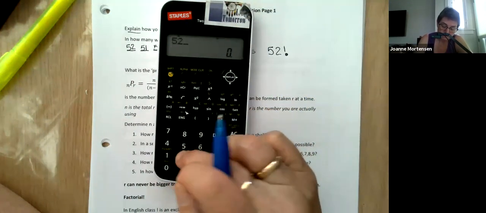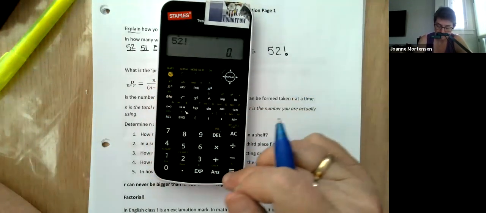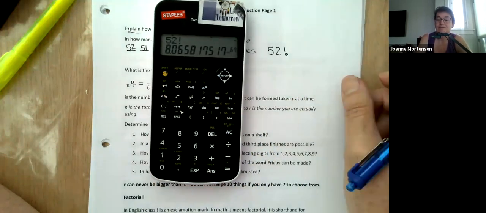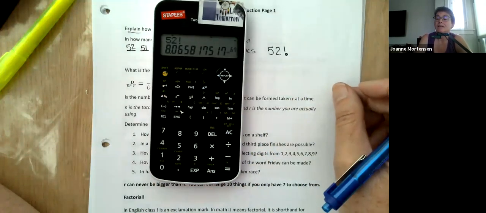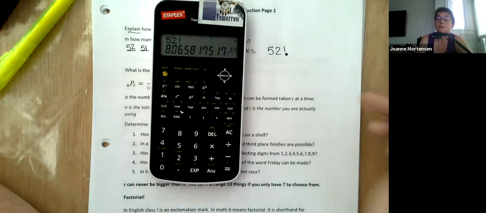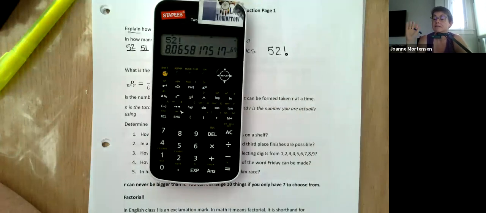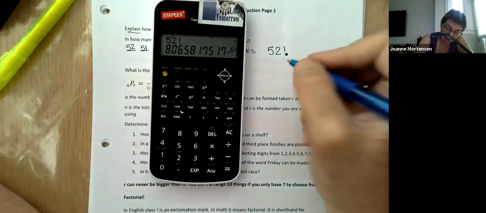So 52 factorial. Look at that. How fast was that? And I know it's right, and I don't have to sit there and go 52 times 51 times 50 times 49 times 48 times 47 times 46, all that, because pretty much guaranteed I'll screw up in there somewhere.